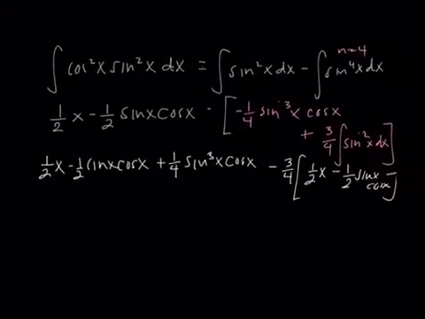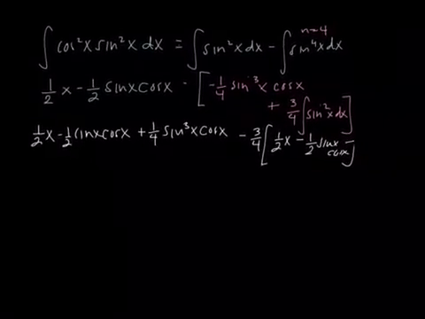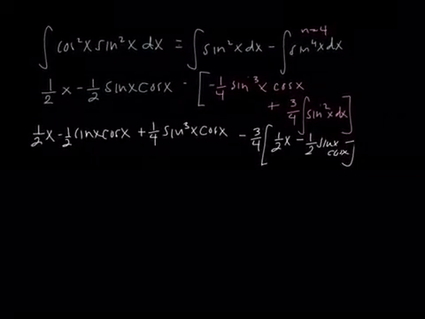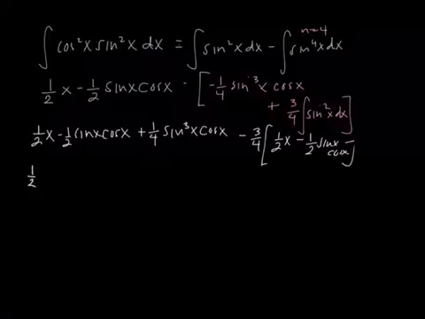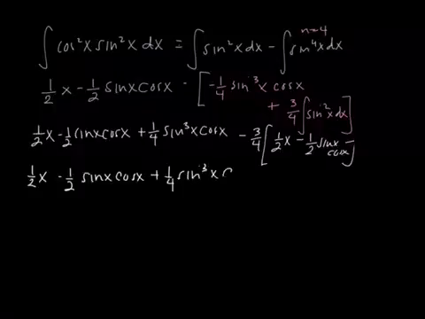So let's zoom out since I'm running out of space already. 1/2 x minus 1/2 sine of x cosine of x plus 1/4 sine to the third of x cosine of x minus 3/8 x plus 3/8 sine of x cosine of x.